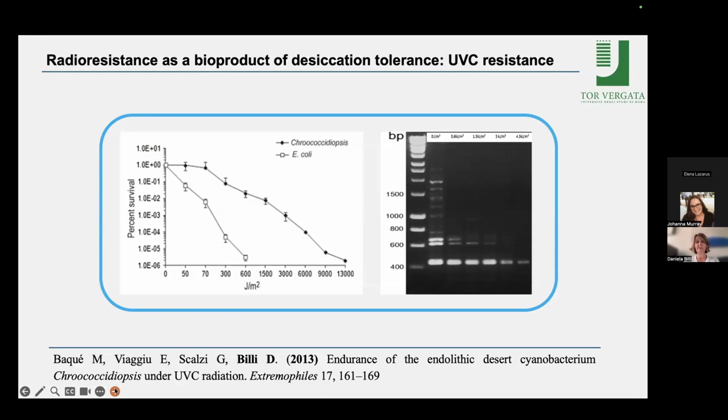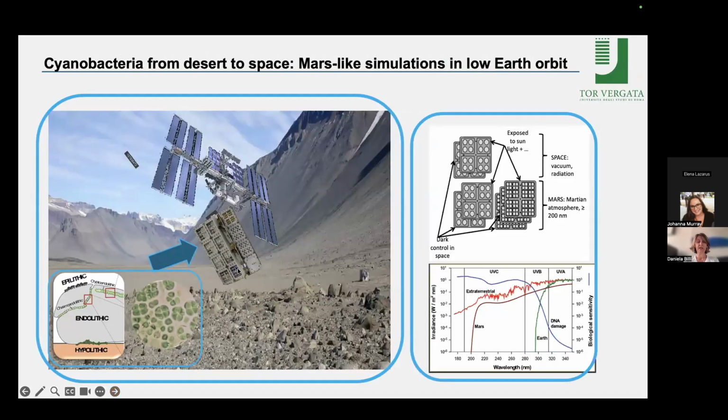So they are extremely radiation resistant, and all these features, the capability to survive desiccation combined with the capability to face radiation, have made these desert cyanobacteria a suitable model for the first astrobiology experiments that were performed outside the International Space Station.